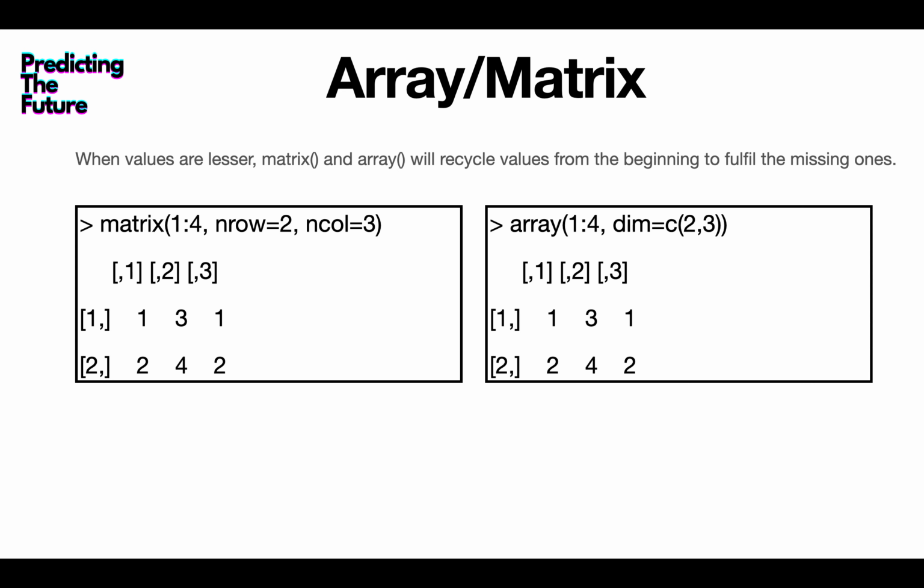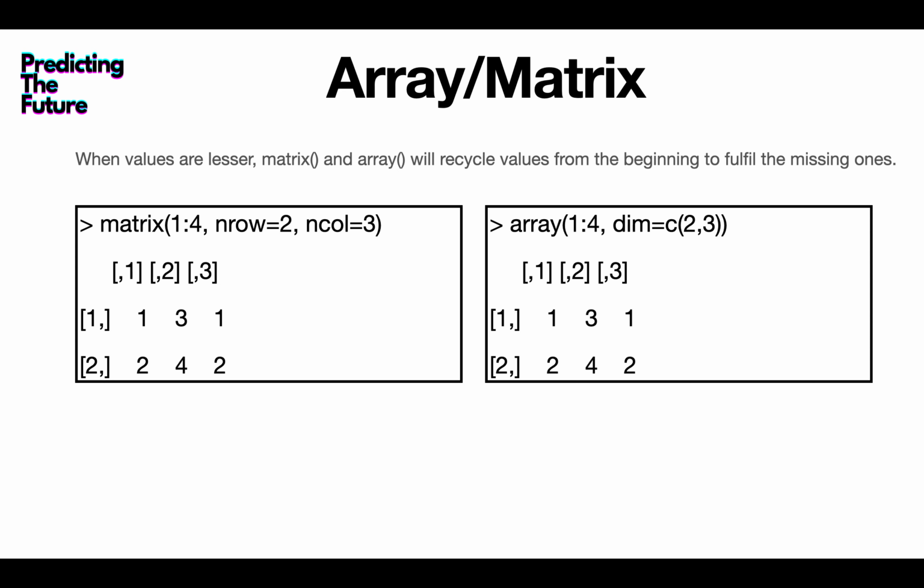Remember when we do operations like mathematical equations, where we have plus, minus, or times, on vectors together. If the vector sizes don't match, then the missing elements on the shorter vector will be filled up from the beginning of the same vector. So it tries to reuse the vector starting from the first element. It's the same for matrix.